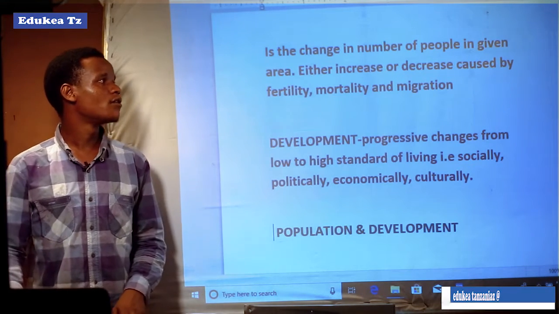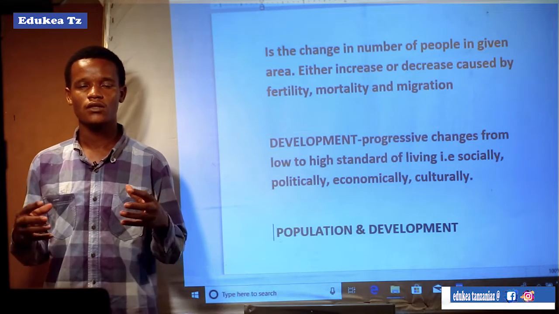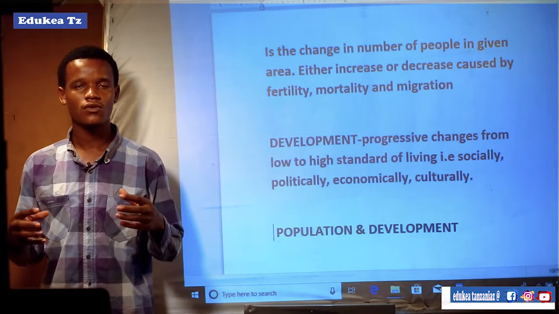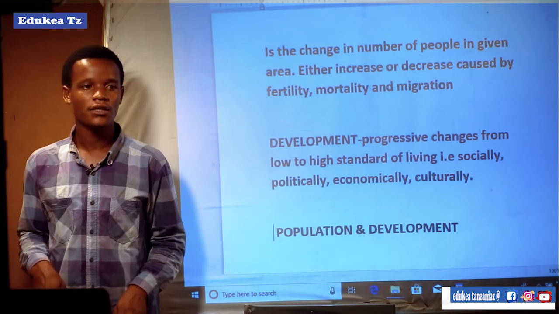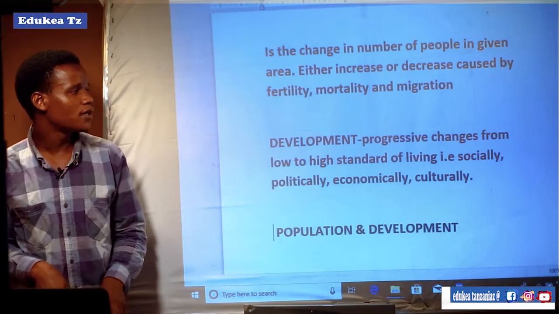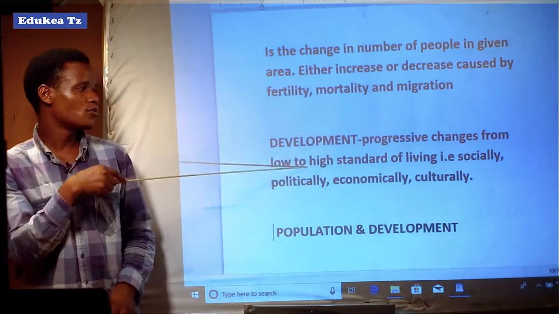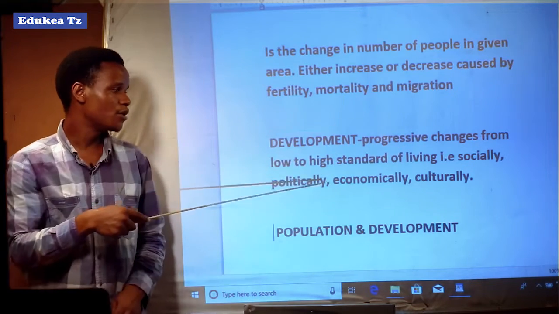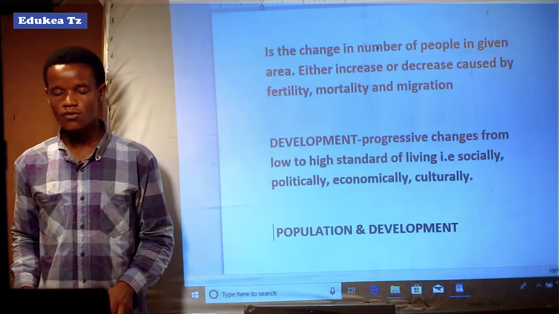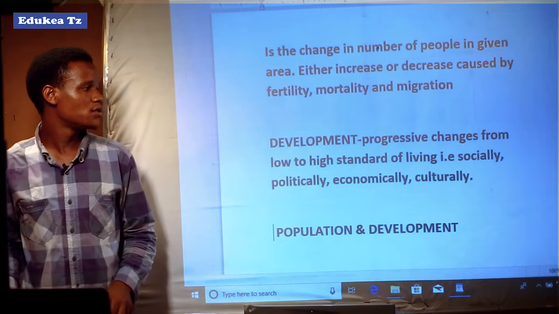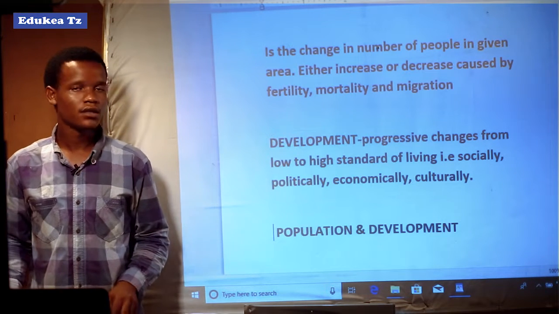Okay, let's now see development, because we can't separate population from development. These things are coordinated with one another. You can't separate them. Development refers to progressive change from low to high standard of living, that is socially, politically, economically, and culturally.